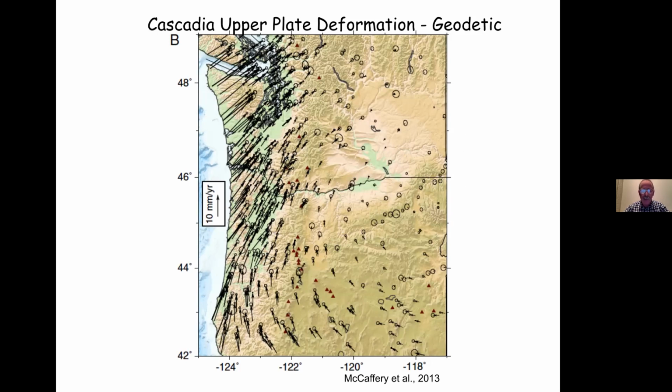And then finally, when you cross into the state of Washington, the velocity of points on the surface are moving to the north and the east. And thus the kinematics of the Basin and Range and the termination of the Basin and Range is fundamentally linked to moving along this arc from northwesterly to north to northeasterly velocities.